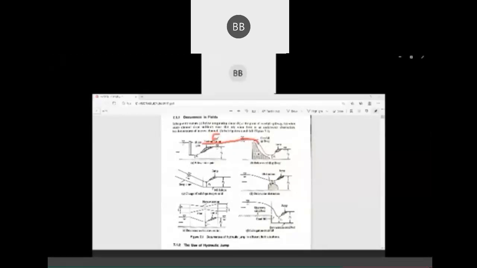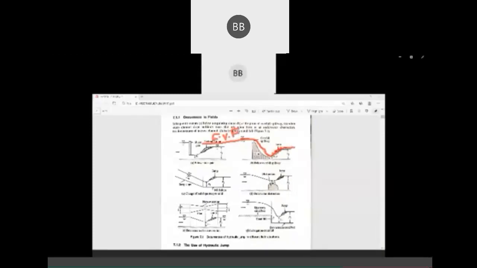Here it is gradually varied flow. And in the downstream section, when it falls from a very high head, it strikes and then the water jumps.